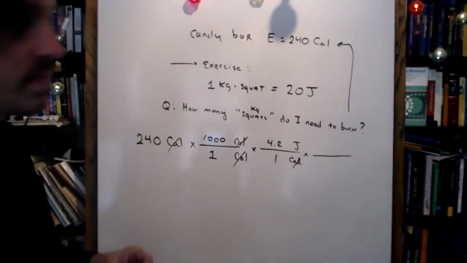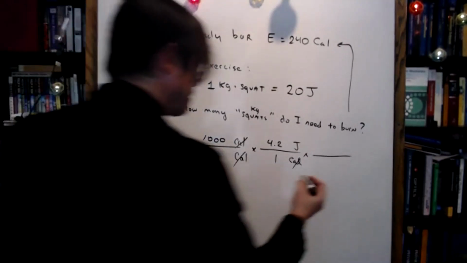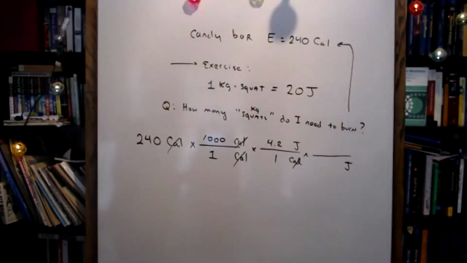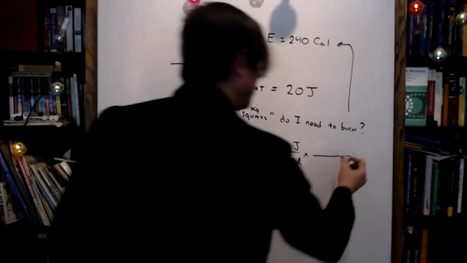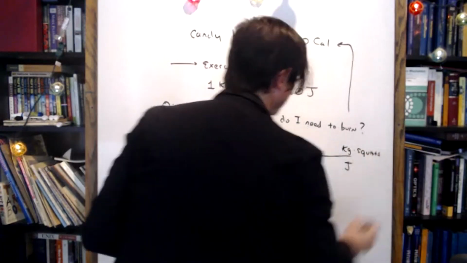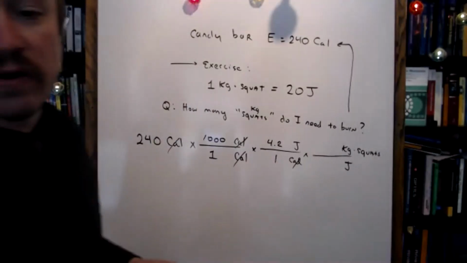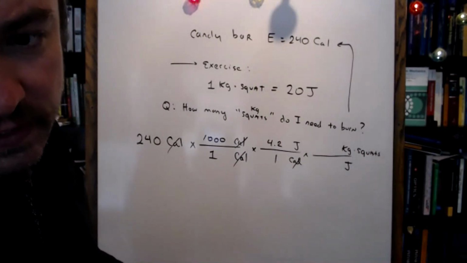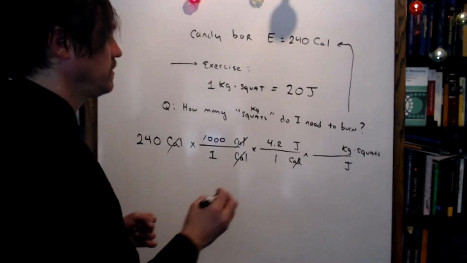Yeah. So we have joules. So the joules would be on the bottom. Yep. And then what we're trying to convert into would be squats. So I guess squats would go on the top. Okay, kilogram squats. That's what I called it. All right. And then, so for 1 kilogram squat, there's 20 joules.